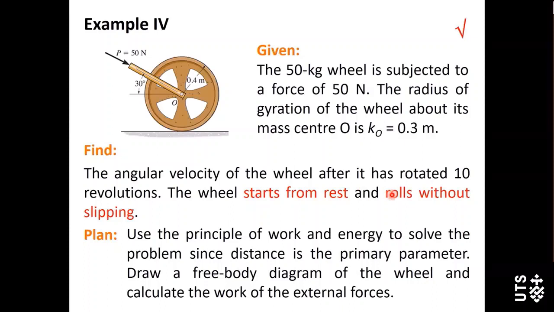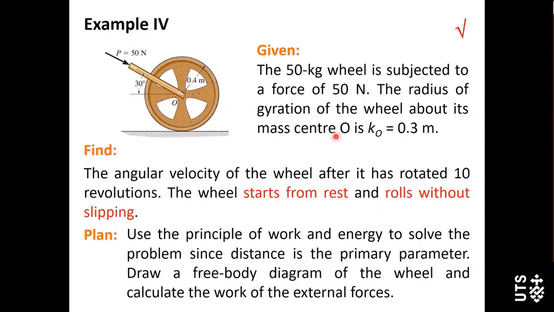This wheel starts from rest. So that means its initial velocity is 0. The task here is to determine the angular velocity of this wheel after it has rotated 10 revolutions.